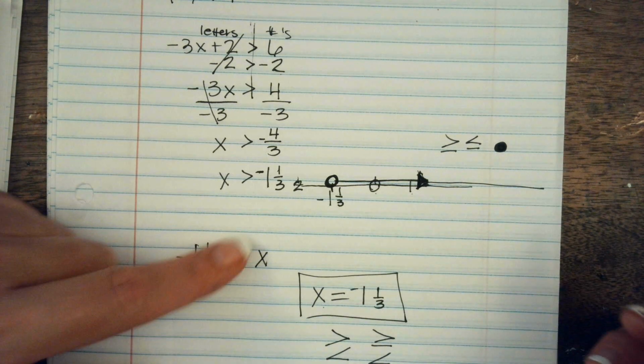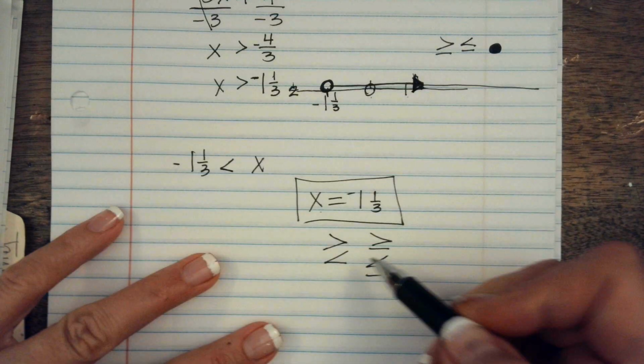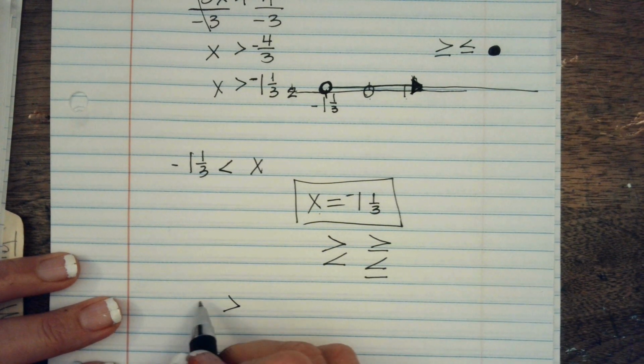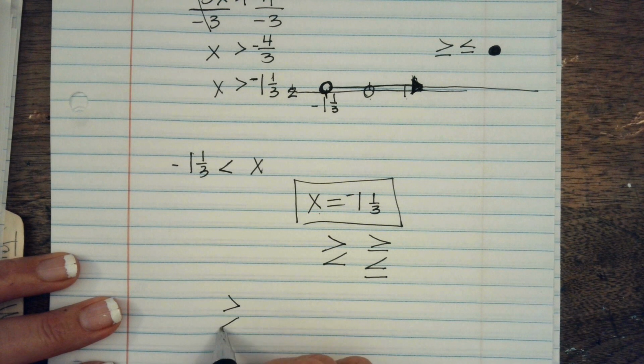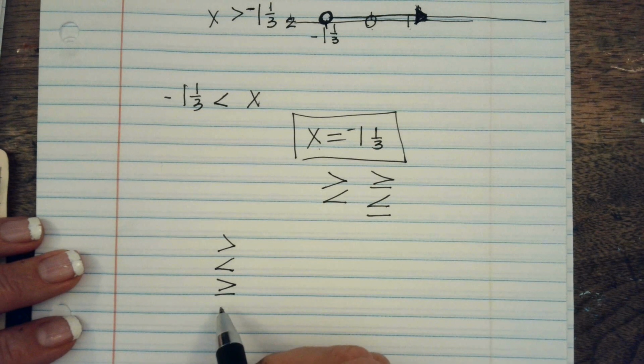What does the underline mean? This underline? Okay, yeah. So let's go over that. This means greater than, right? This means less than. This means greater than or equal to. So what that means is that the answer could be more than or equal to whatever number we're talking about.